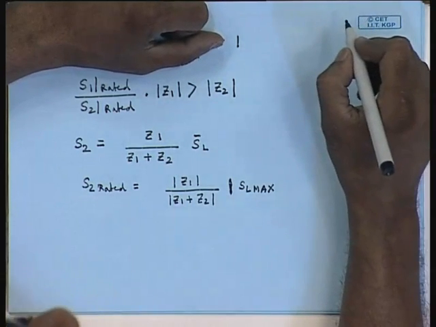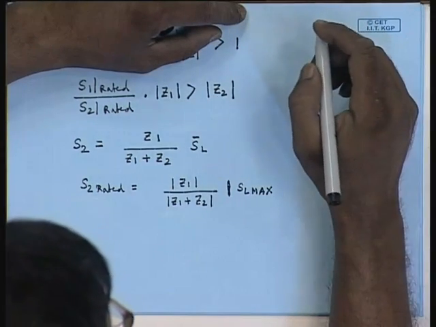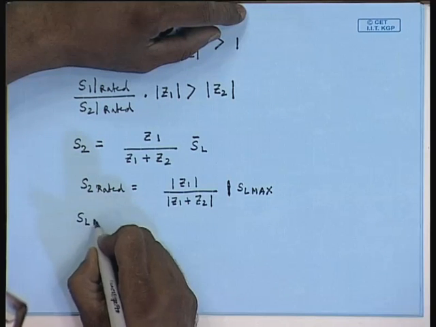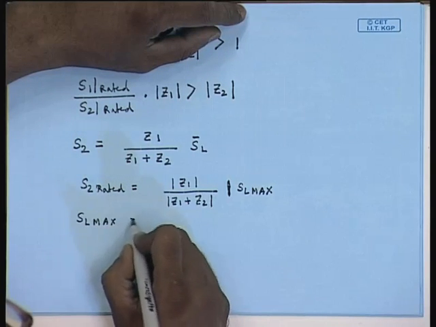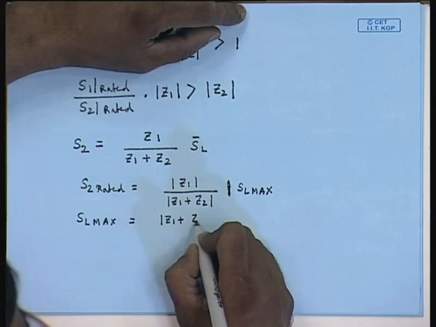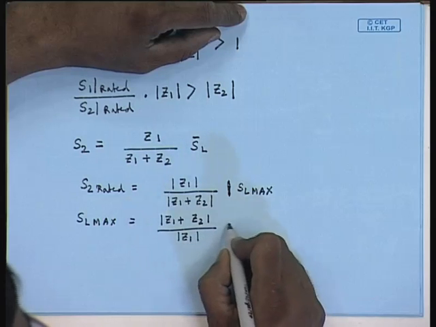SL max is the load kVA that is reached when S2 reaches its rated kVA. In other words, SL max is equal to |Z1 plus Z2| divided by |Z1| into S2 rated.